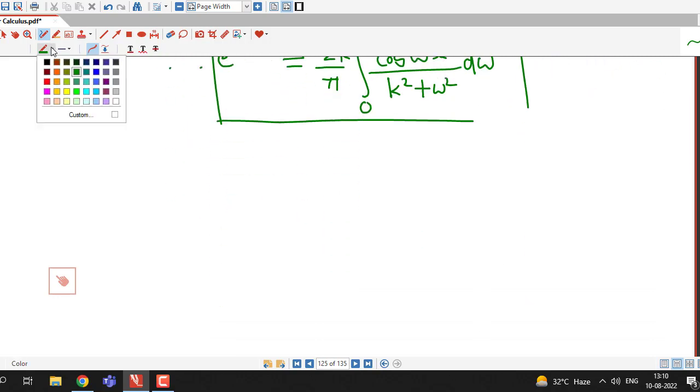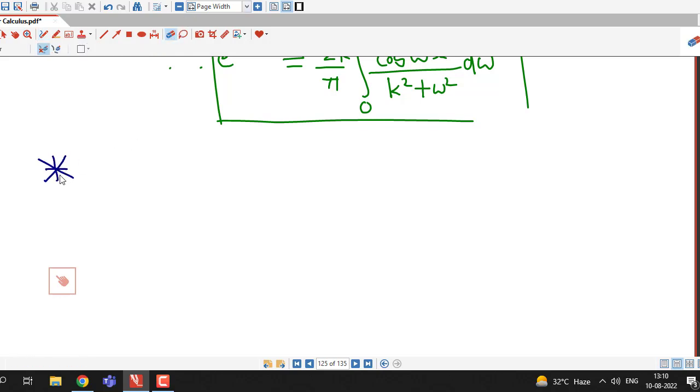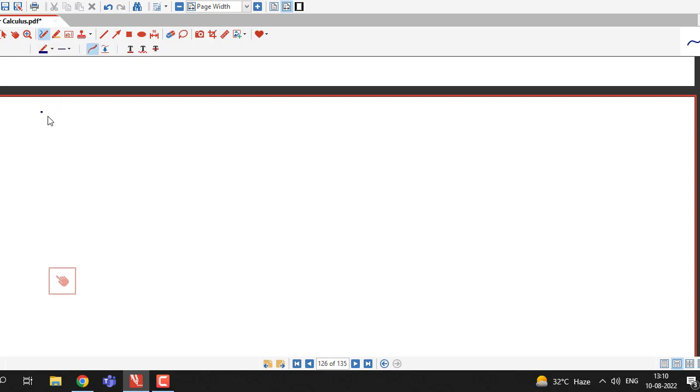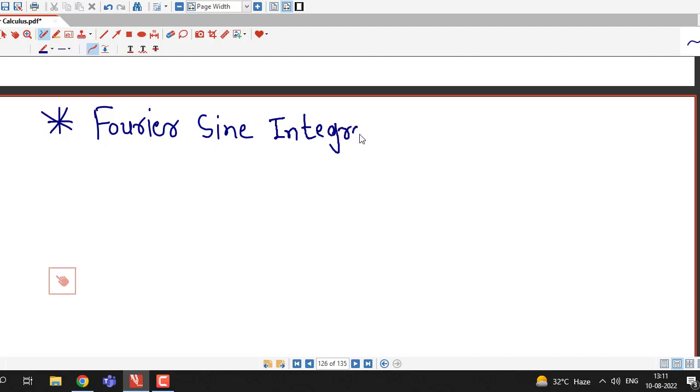Similarly, we can find the Fourier sine integral. So now we try to obtain the Fourier sine integral. Let me use another page for it. So here we make the title that now we are finding the Fourier sine integral, and for this we have to decide what is B(omega).